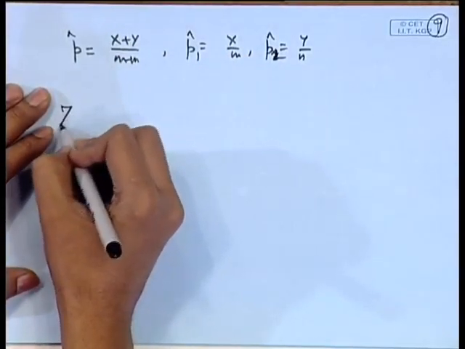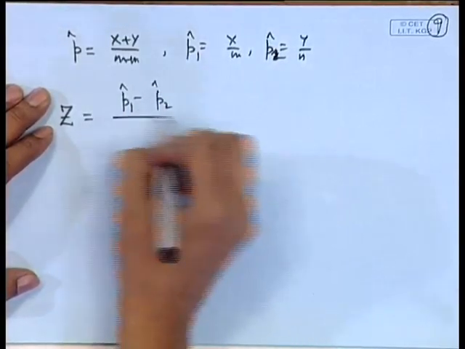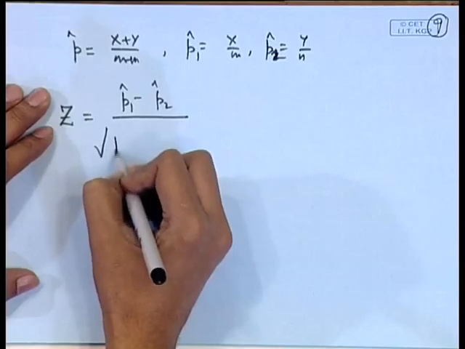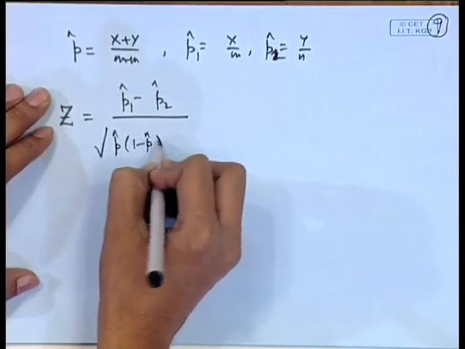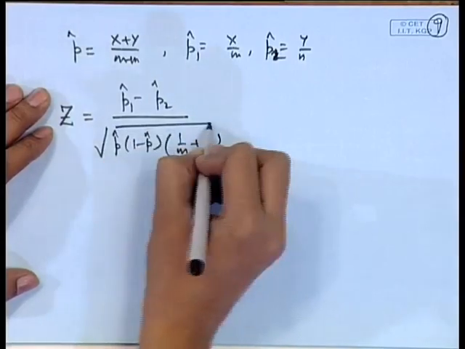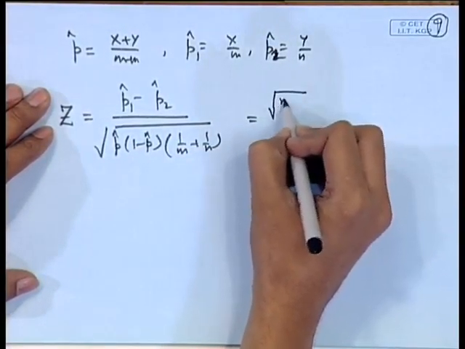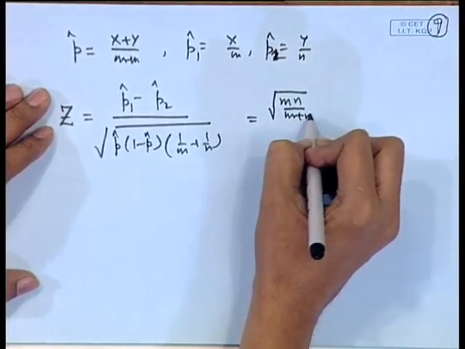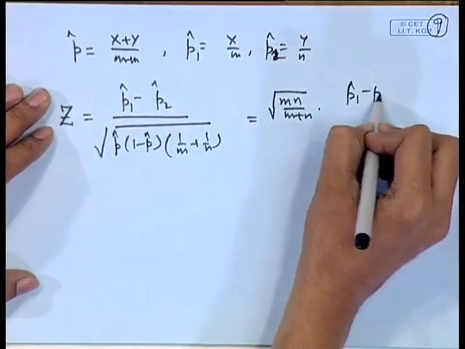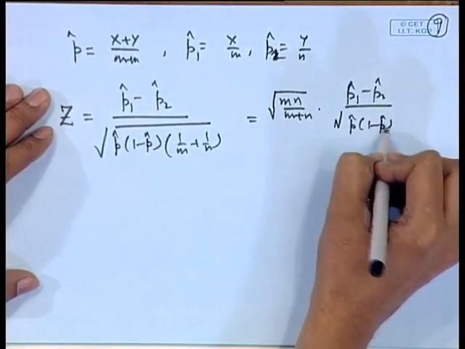So, we construct a statistic z as p 1 hat minus p 2 hat divided by square root p hat into 1 minus p hat into 1 by m plus 1 by n, which is actually equal to root of m n by m plus n, p 1 hat minus p 2 hat divided by root p hat into 1 minus p hat.